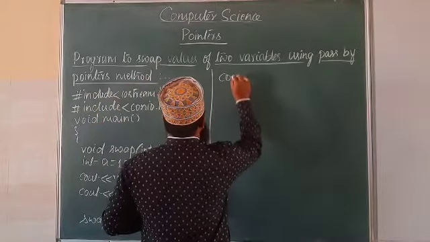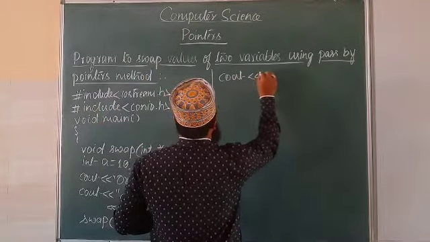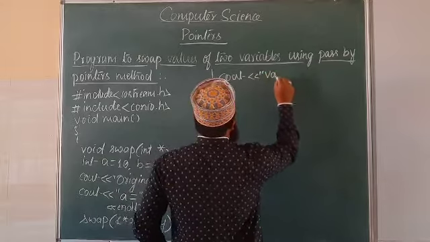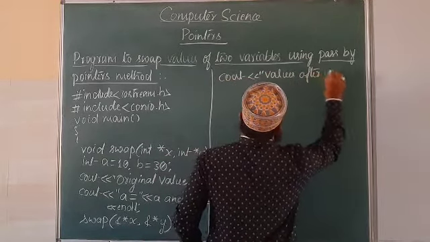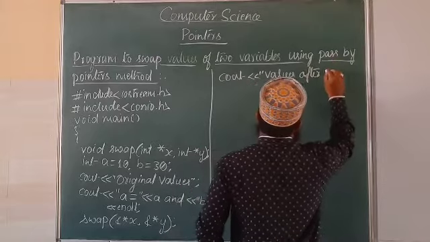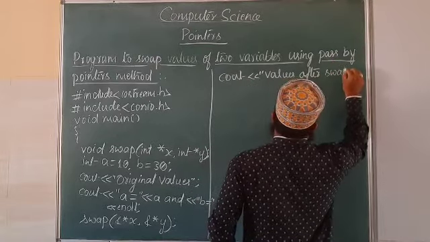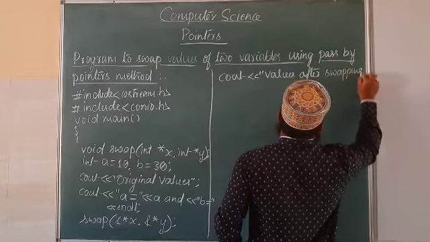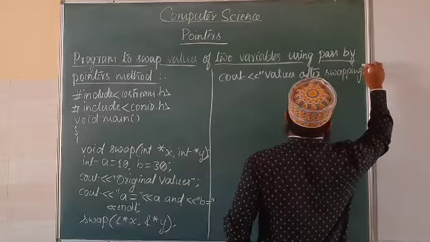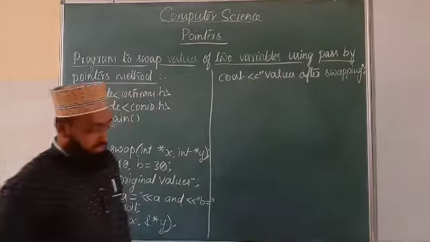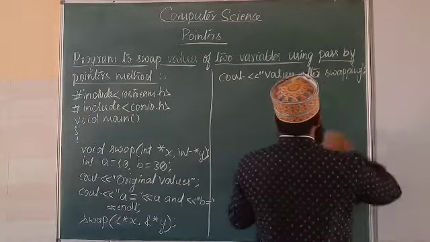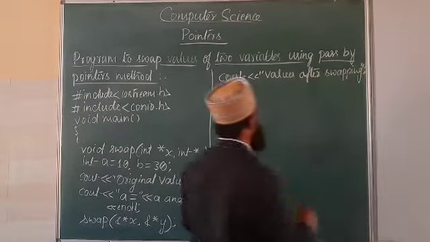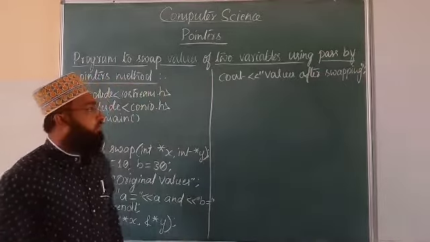So for that, cout values after swapping, in double quotes. What are the values here?